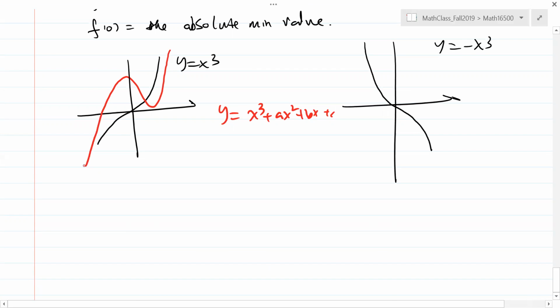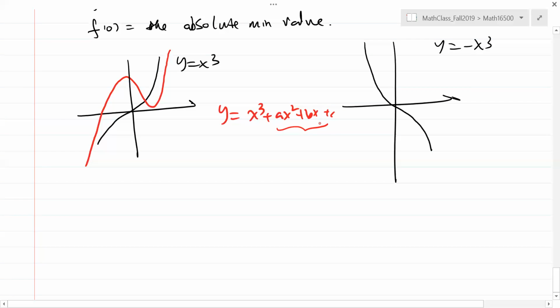For x sufficiently large or sufficiently negative, the graph approaches the graph of y equals x cubed. The added part does not play a role when the absolute value of x is sufficiently large. So the graph of a degree 3 polynomial must look like that. And the local maximum point must be on the left side of the local minimum point, just like a parabola has a certain shape.